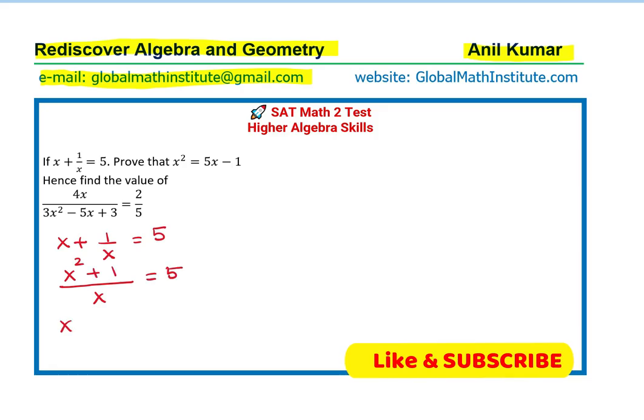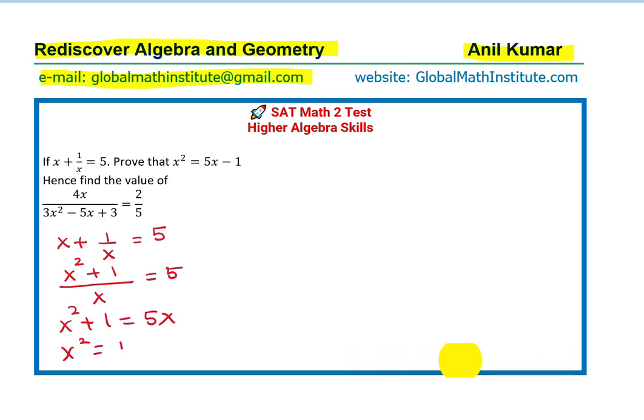Now cross multiply, so x squared plus 1 equals 5x, and so x squared equals 5x minus 1. Now it looks very simple, right? Since we have already provided you with the first layer of the solution. That is, when you are given this kind of an expression, you can find what x squared is in terms of x.